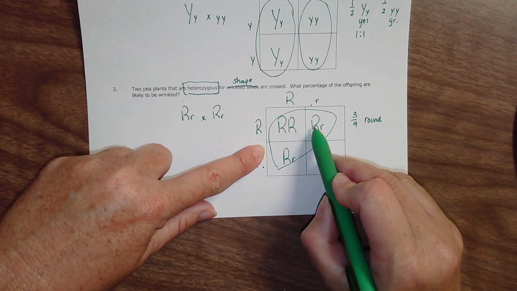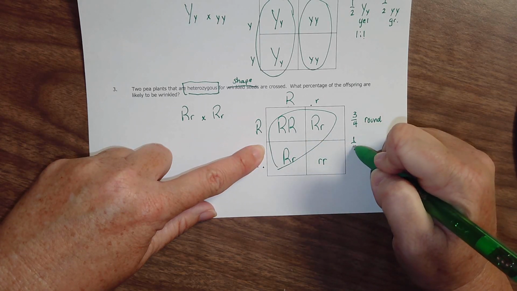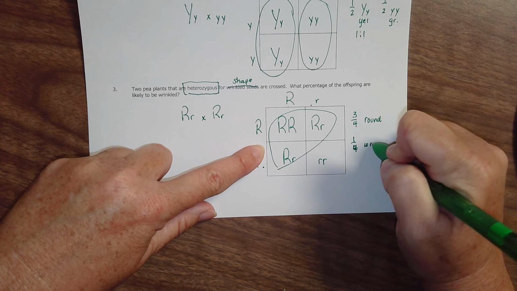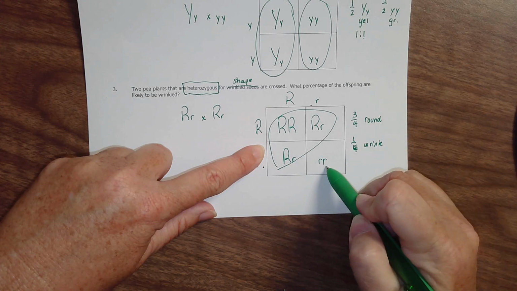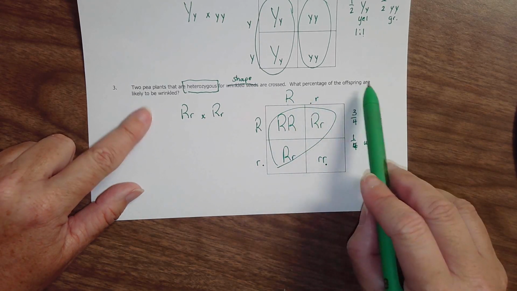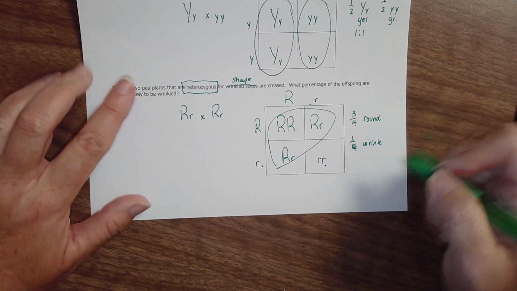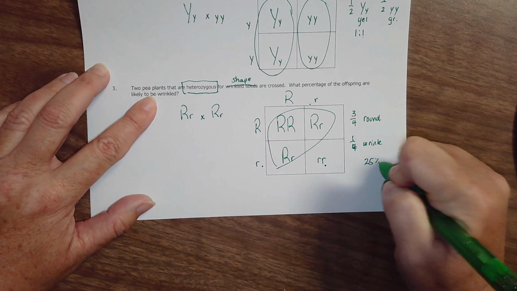This one's round because it has 1 of the dominant alleles. 1/4 are wrinkled, because in order to be wrinkled, you have to have 2 of the recessive alleles. The question asks, what percentage of the offspring are wrinkled? If 1/4 are wrinkled, that's 25%.